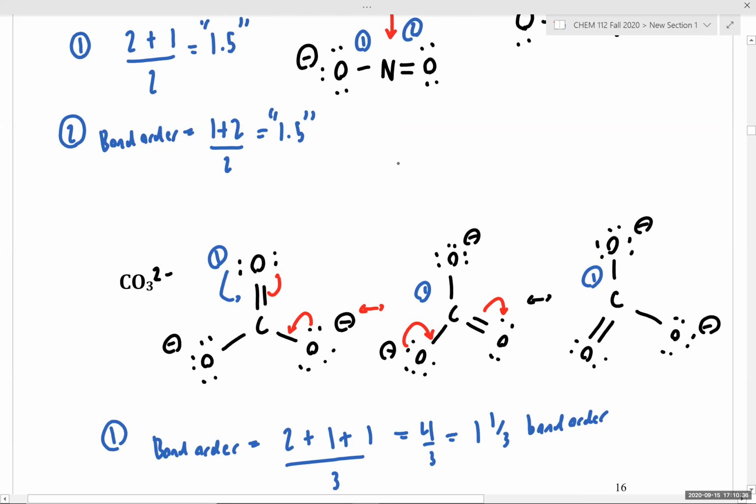So by drawing out and looking at the bond order in each of the contributing resonance structures, you can estimate and compare bond strengths accounting for resonance contributions. Does that make sense to everyone? Any questions on this example?